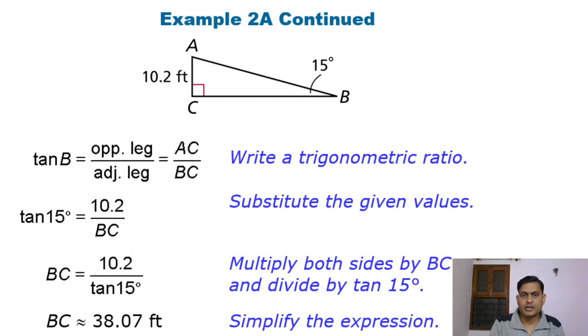So tan B is equal to AC upon BC. Tan 15 will be equal to 10.2 upon BC. So BC is equal to 38.07.